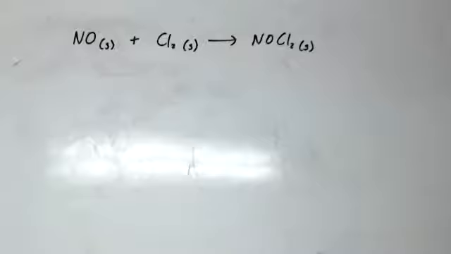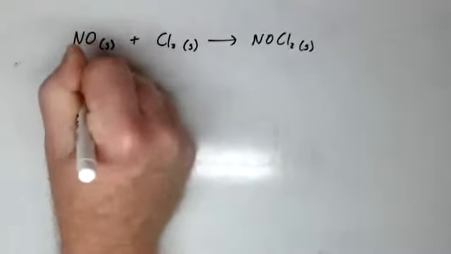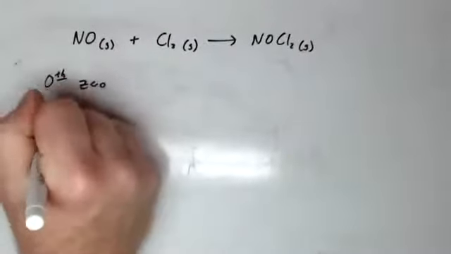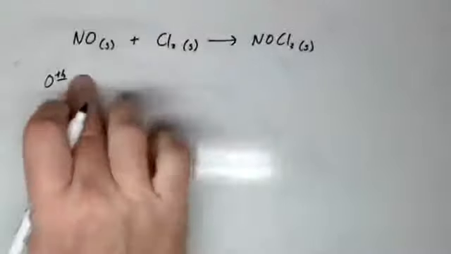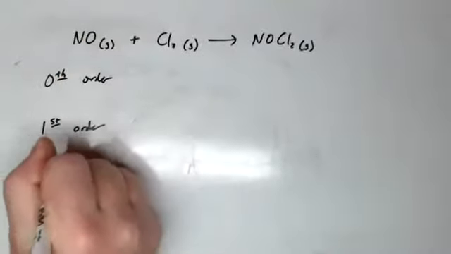So what we're going to do here is figure out what effects changing concentration will have on this particular reaction. And to do that, we can look at our reactants individually and classify them into one of three categories. Those would be 0th order, 1st order, and 2nd order.